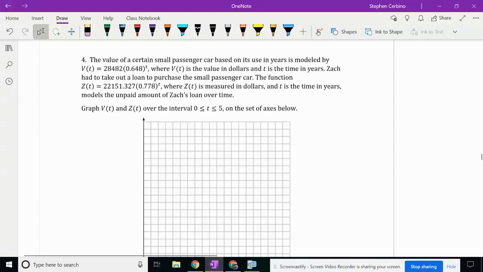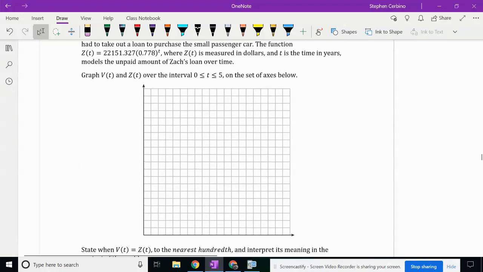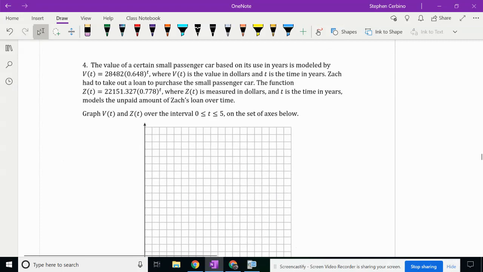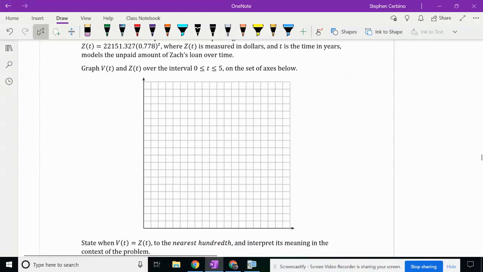Since the larger of the two numbers is close to $30,000, when I start making my table here and look for my graph, I don't want to make the top number $28,482. That would make it virtually impossible for me to scale my y-axis. So I'm actually going to make my y-axis go up to 30,000, meaning each box is worth about $3,000.